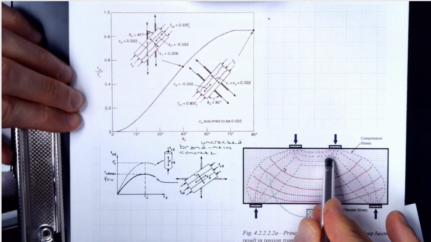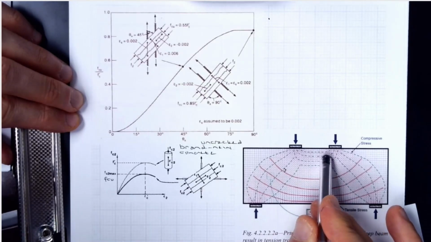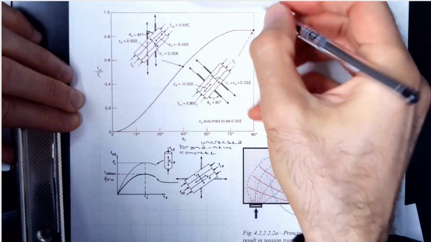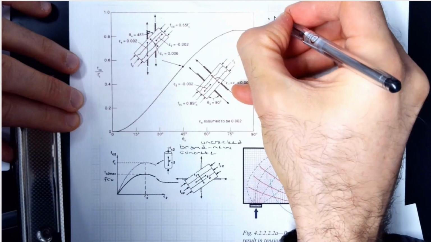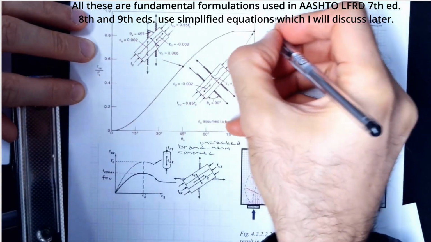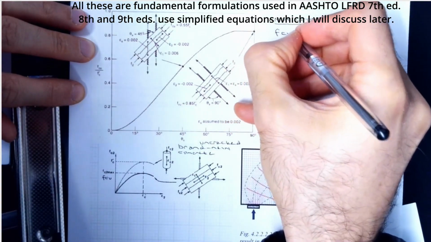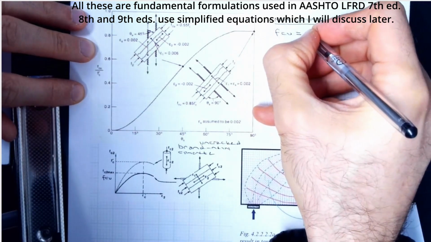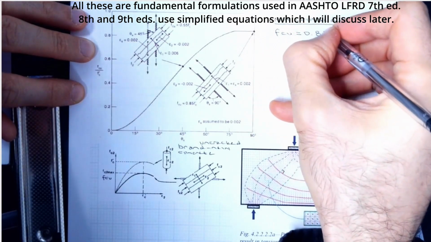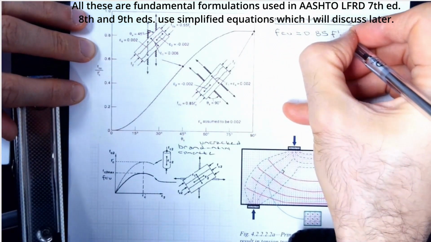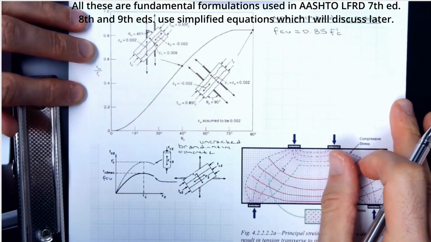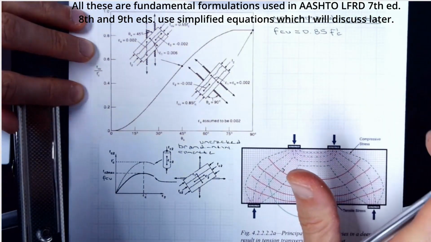It's the compression zone, and it is going to be the maximum capacity, which is not crossed by a tie. In that situation, fcu would become 0.85 f prime c. So that is your upper limit, the best case situation.